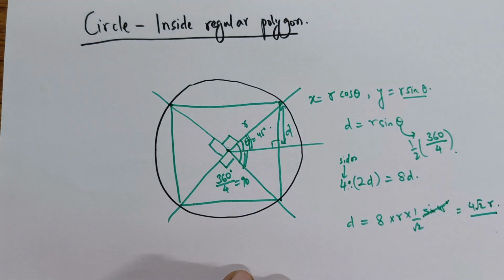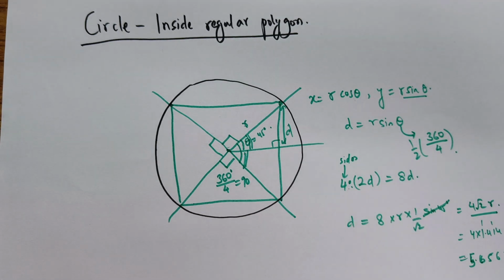That will be the perimeter, which is 1.414 times 4, times r. 4 4s are 16, 4 1s are 4, 5, 4 4s are 16. So it's going to be more than 5.656 r. So this is the lower limit that you have set based on the shape.